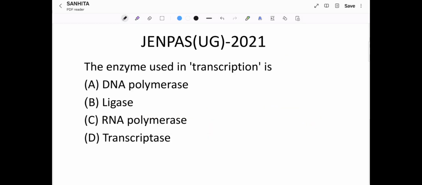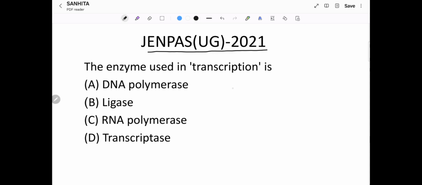See another question from JENPAS-UG 2021 on this similar context. The enzyme used in transcription is... firstly, I have told you that you need to study these three types of process: replication, transcription and translation.